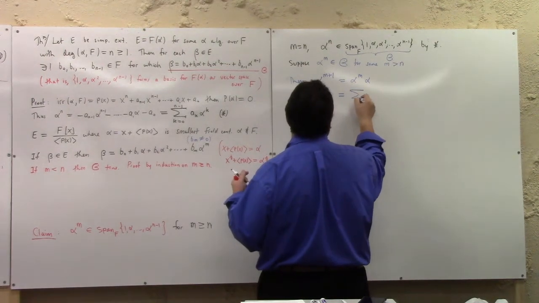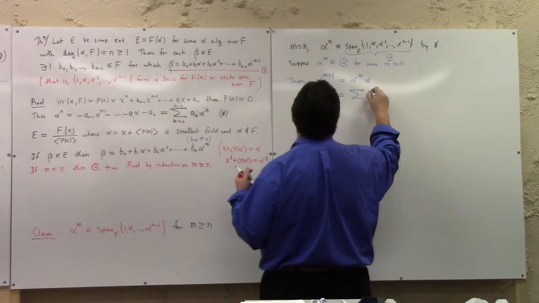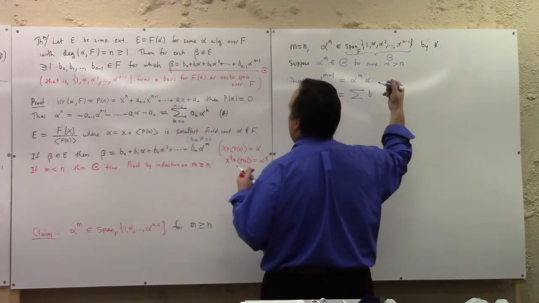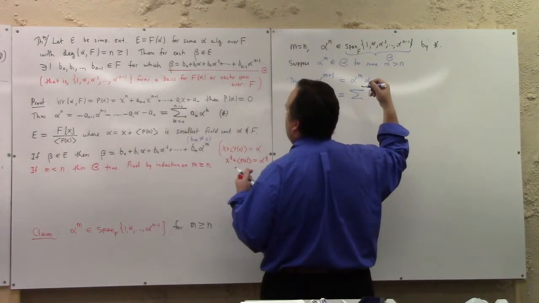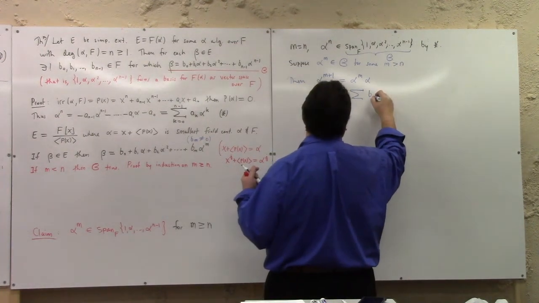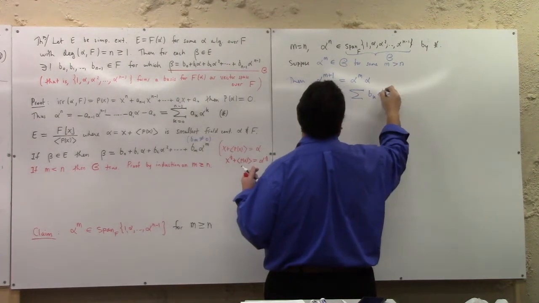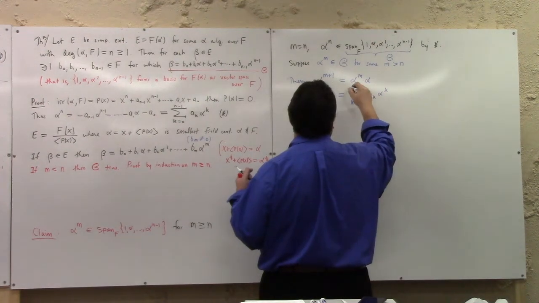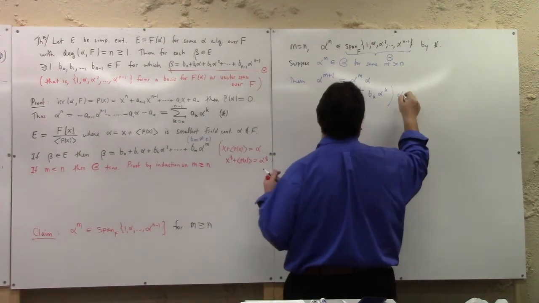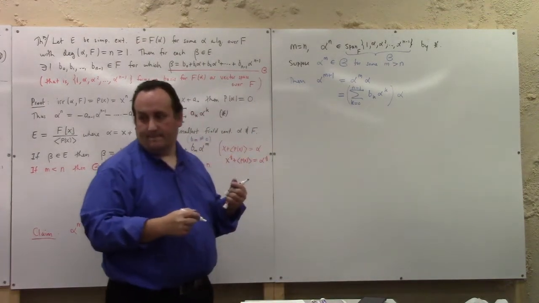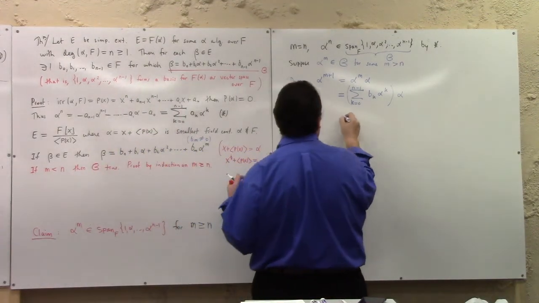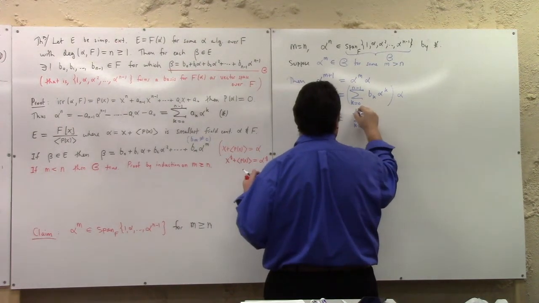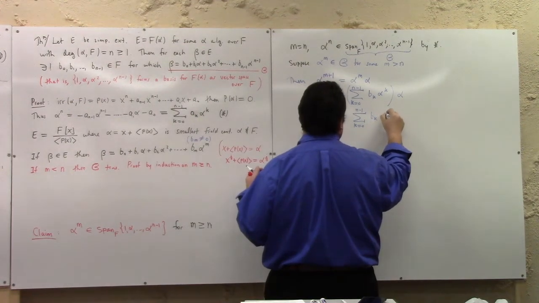It's the sum over, for some b_k, alpha to the k, k equals 0 to n minus 1, right? That's what it means. That's the induction hypothesis. And what is that equal to? Well, that's equal to the sum k equals 0 to n minus 1 of b_k alpha to the k plus 1, right?